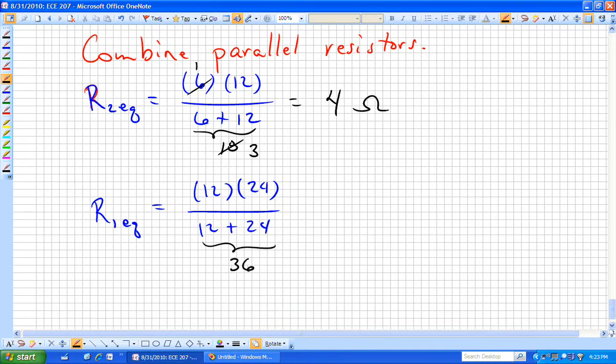There's 36 in the denominator. Now I have 24 divided by 3, or 8 ohms. And 8's less than 12 and 24. Well, it's less than the smallest, which was 12. That seems to make sense.